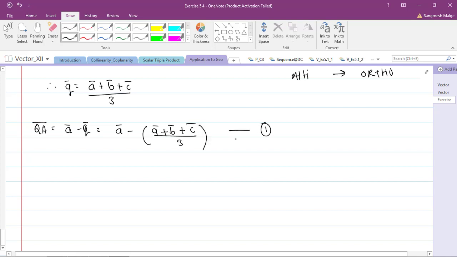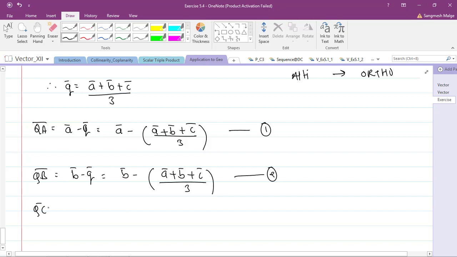Equation number 1. What is QB bar? Which is nothing but B bar minus Q bar, which is nothing but B bar minus A bar plus B bar plus C bar by 3. Equation number 2. And QC bar is equals to C bar minus Q bar, which is equals to C bar minus A bar plus B bar plus C bar by 3.